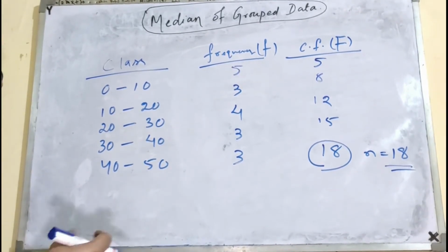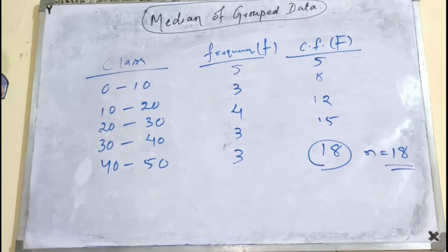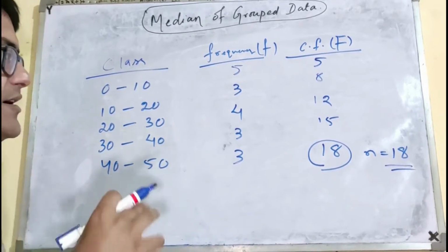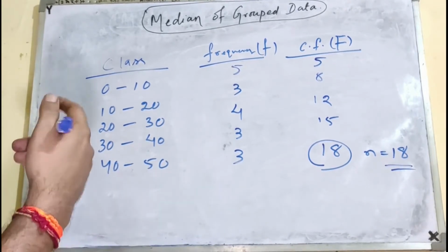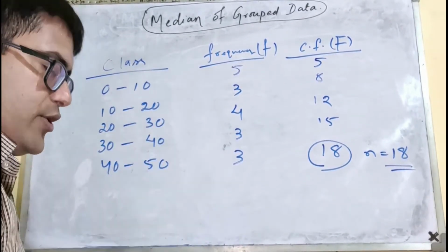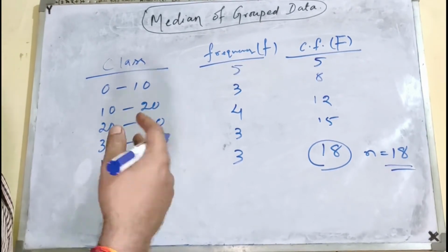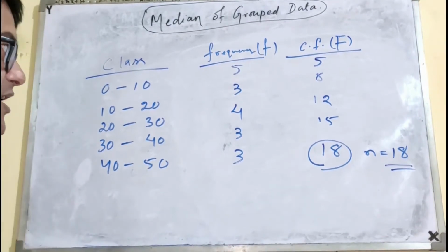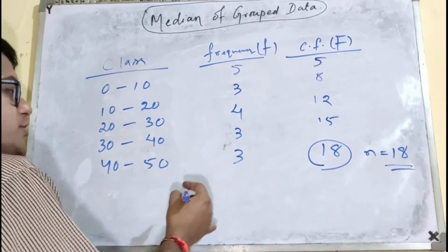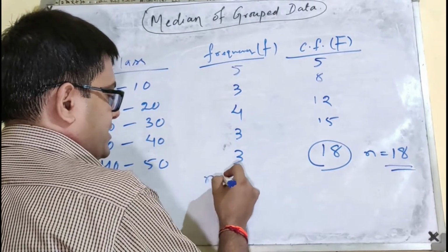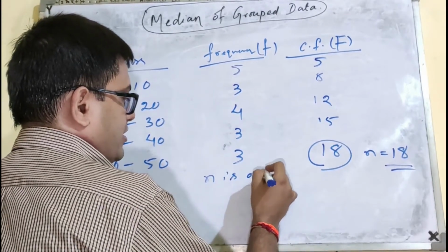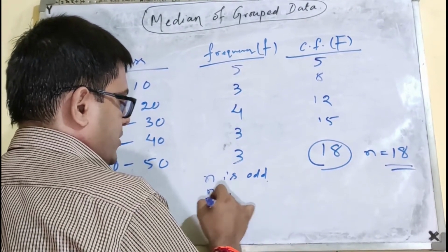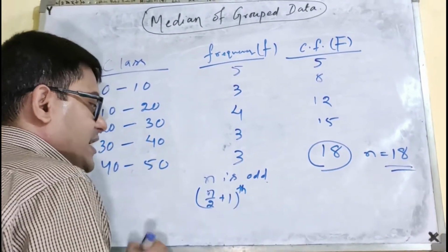So in any way, we are going to take some sort of approximation and averaging. In this group data, we are going to use some sort of assumption. In that case, you don't have to bother about the odd and even case, because in the ungrouped data, if n is odd, then you simply take the n by 2 plus 1th data point as the median.